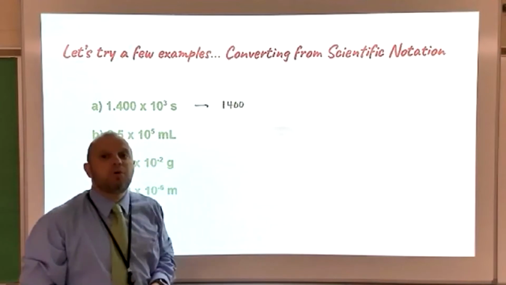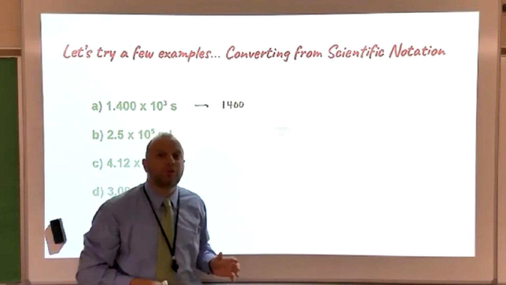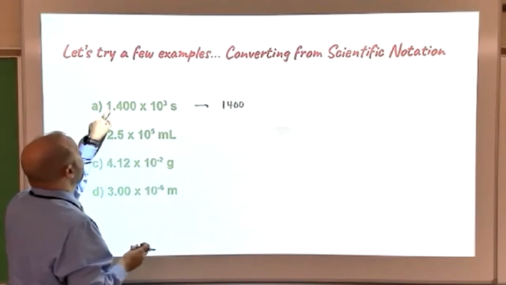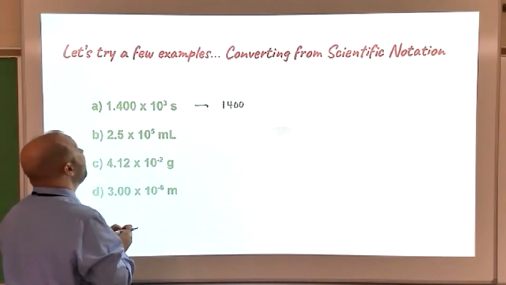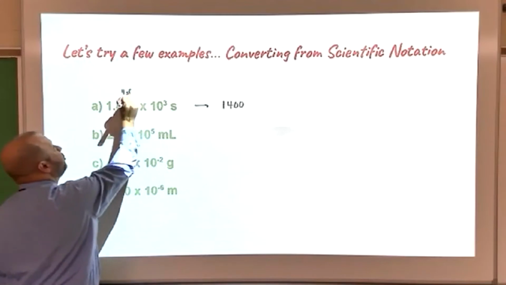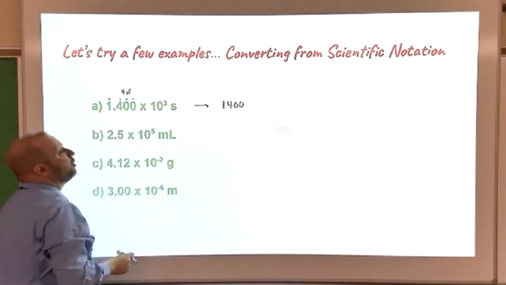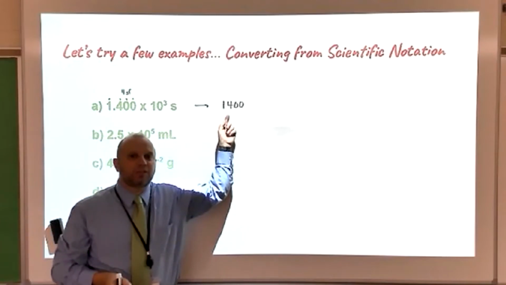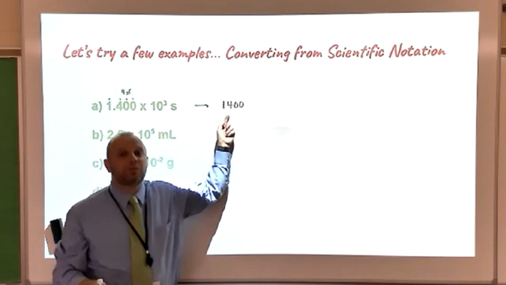Now, some of you might be convinced that this is your final answer, but there's a problem here. Notice that 1.400 has 4 significant figures. 1, 2, 3, 4. Right now, our answer only has how many significant figures? 2. So this doesn't work.